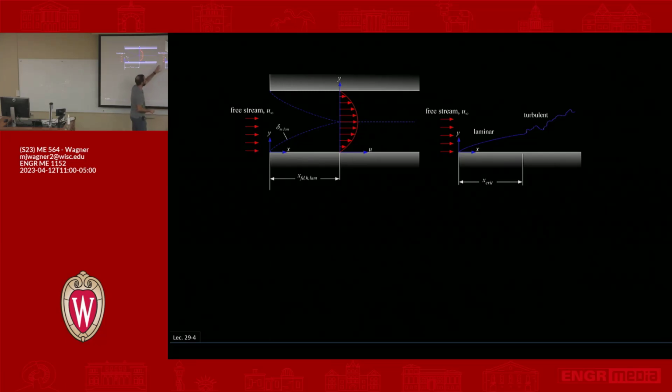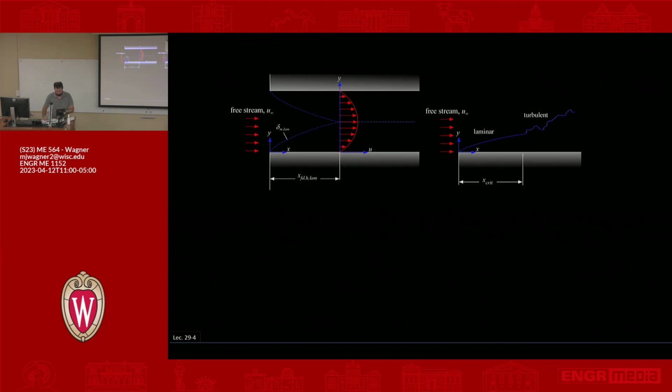You have this nice laminar development, and once you transition to turbulence, remember that the diffusivity associated with turbulence is much higher, so that layer is going to grow basically immediately to merge together. So you have a slow growth region and then a fast growth region. We need to estimate where that transition point occurs to get a sense of when the boundary layers are going to meet.